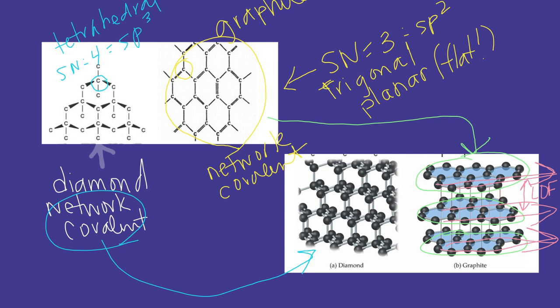The other property that's really important about graphite, if we come back over here to the two-dimensional structure, and this is not true for other resonance structures, it's just special for graphite. Because graphite will contain resonance, because you have pi bonds over here, the pi bonds are able to move. And they can not only move within one of the rings, they can actually move between the rings. And this is very important because anytime you are able to move electrons within a structure, so not just within the molecule, but within the larger structure, this will allow for electrical conductivity.